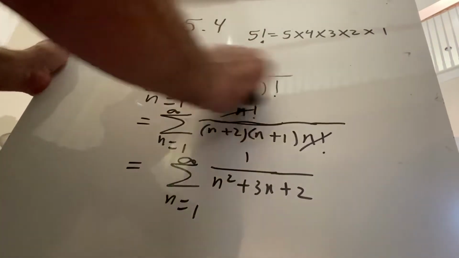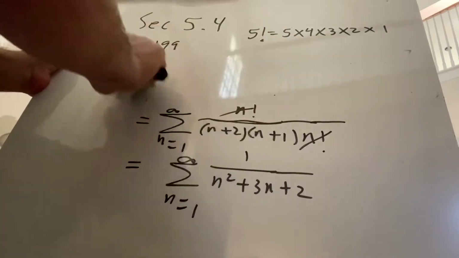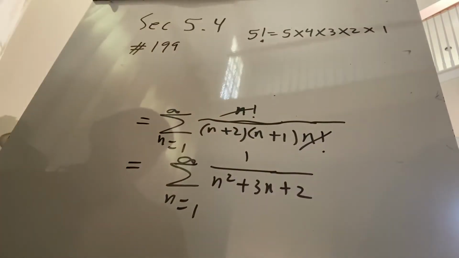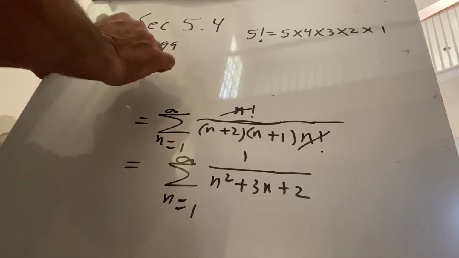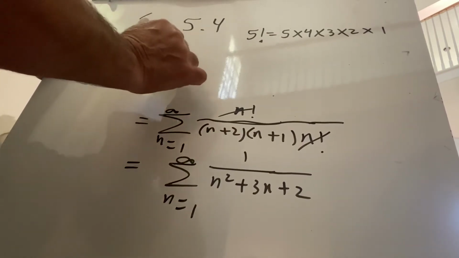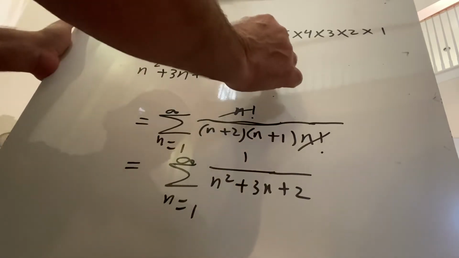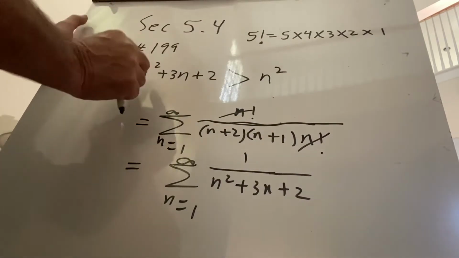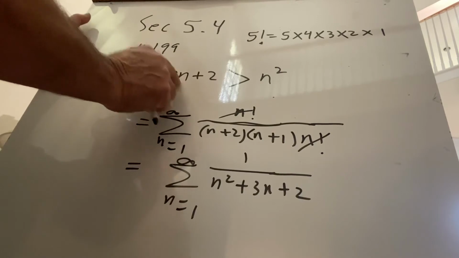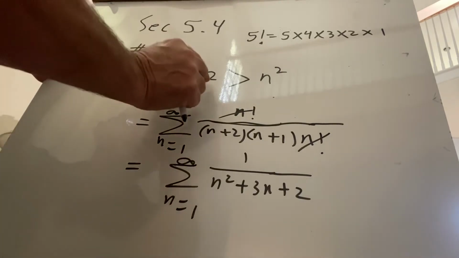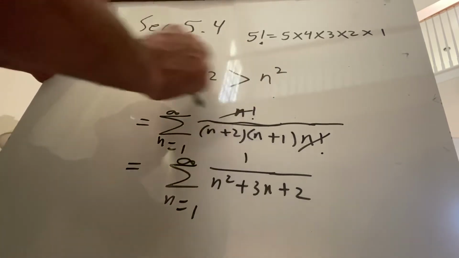The first observation I'm going to make is that what we have in the bottom, n squared plus 3n plus 2, is always going to be greater than n squared. That's obvious because you're adding a positive number, since n are positive integers, to the same quantity, so it becomes bigger.